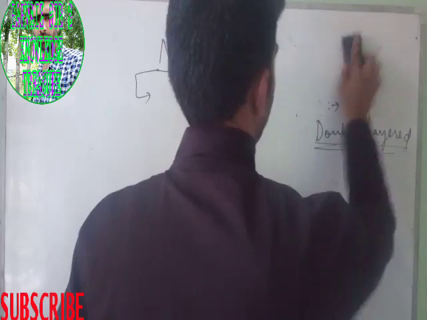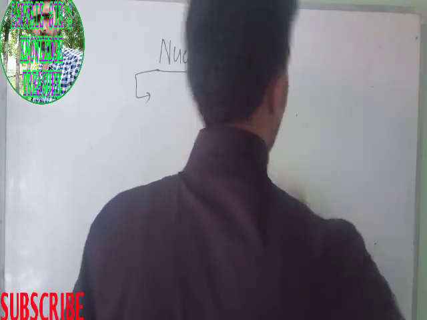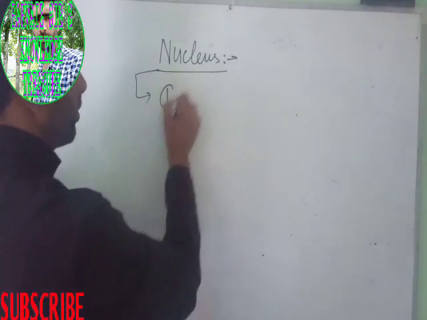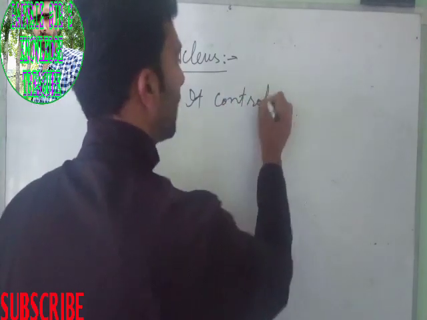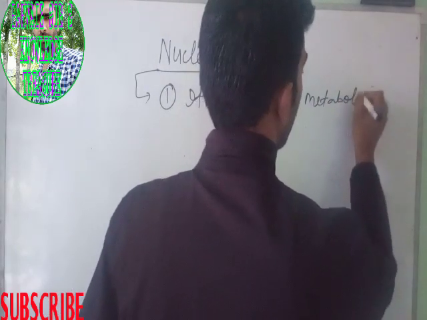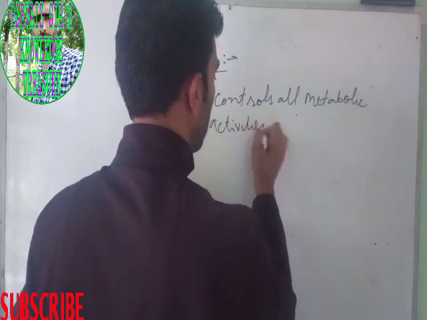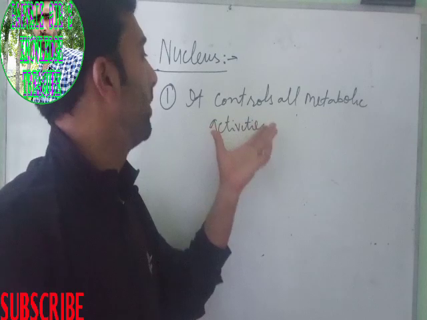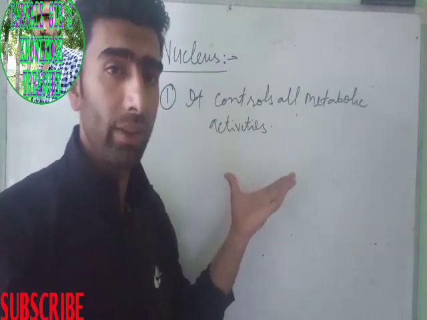Number 1, it controls all the metabolic activities of the cell. All metabolic activities of the cell are under the control of the nucleus.